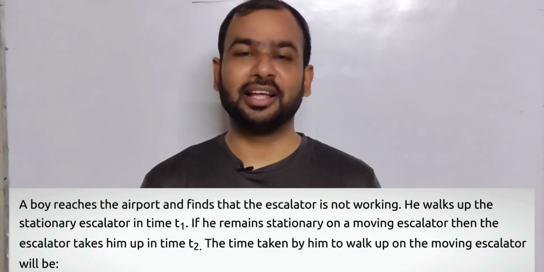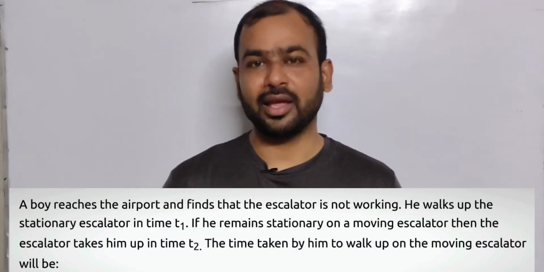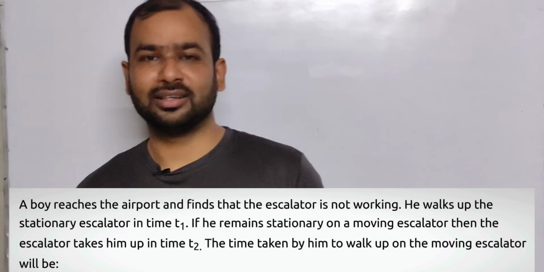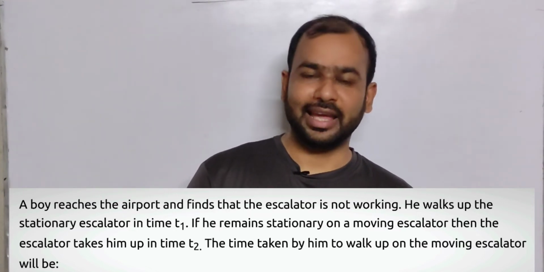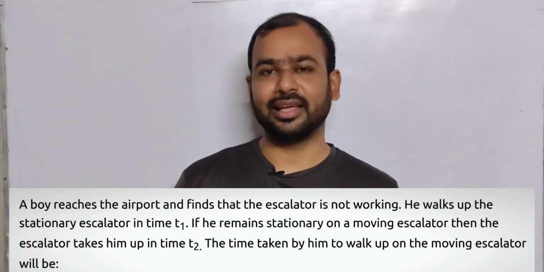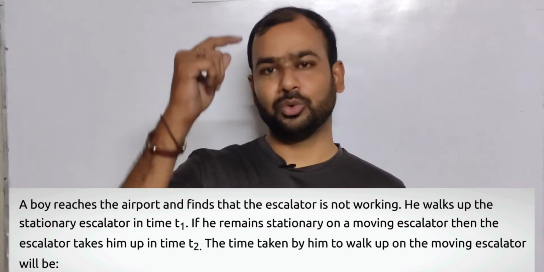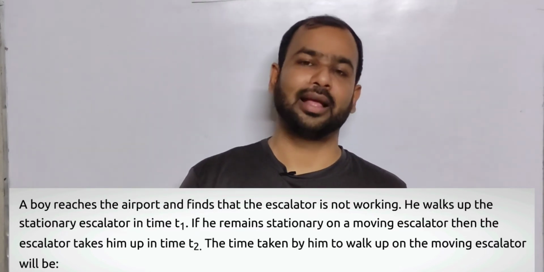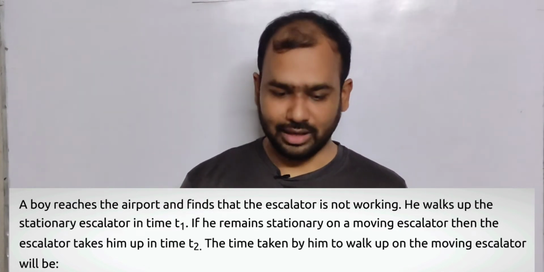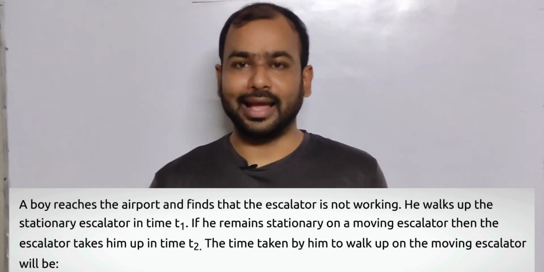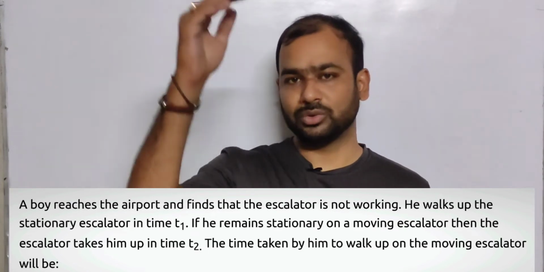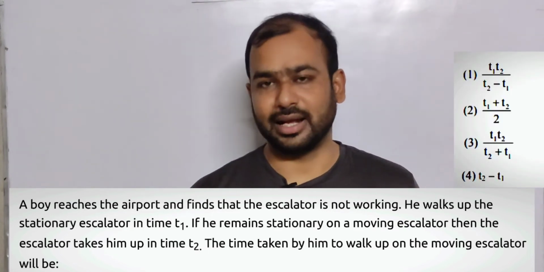Next question on your screen. This question is all about a boy walking on an escalator in an airport. Case 1: when the escalator is stopped, it takes t1 time to go up the escalator. When the escalator is moving and the boy is standing, the escalator takes the boy up in t2 seconds.